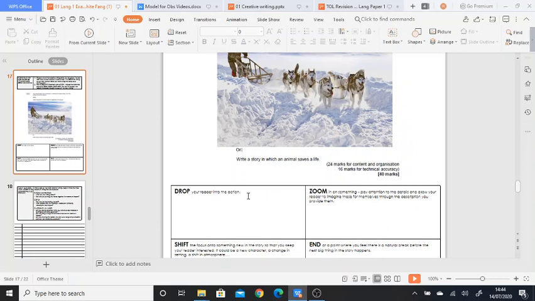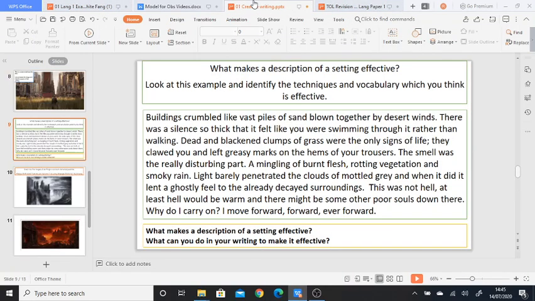So when we come to the story, write a story in which an animal saves a life. Again, what's important is to follow that structure, but make sure that whatever plot you have, you are writing an interesting story with lots of description. Okay, so now I've got a couple of examples I want to share with you. The first one, which you probably have seen already, I'm going to read out to you.